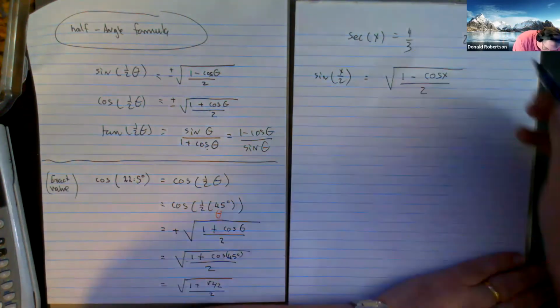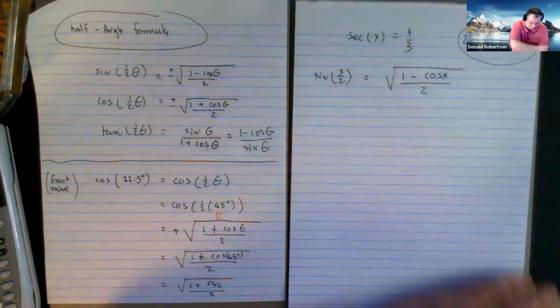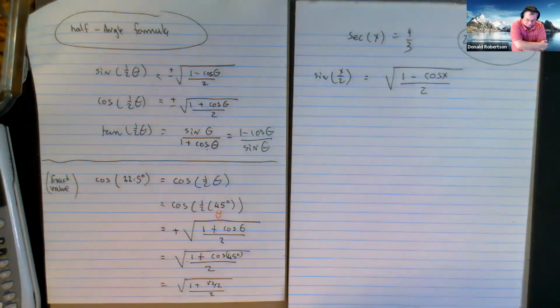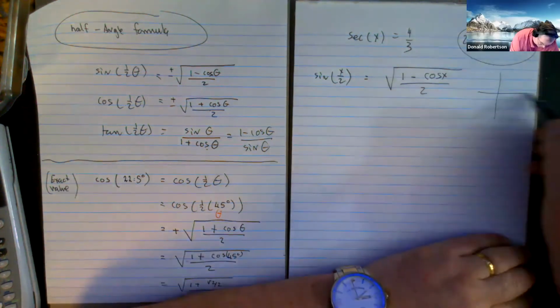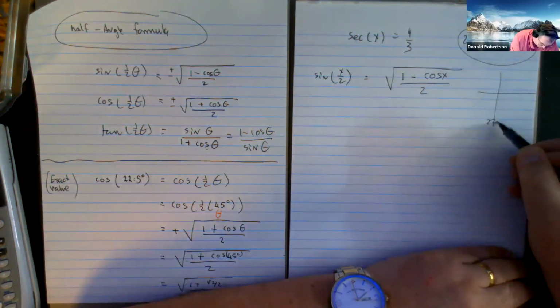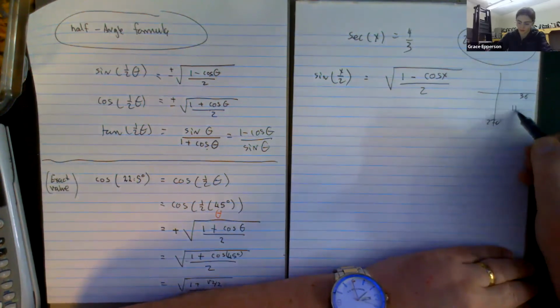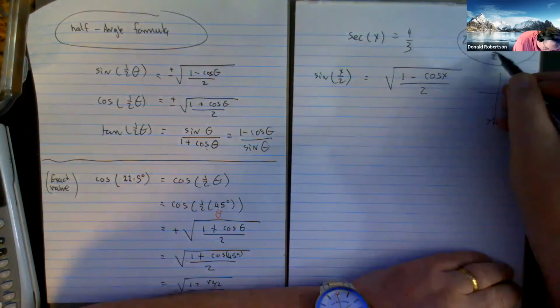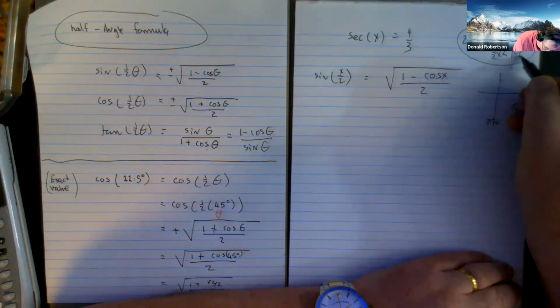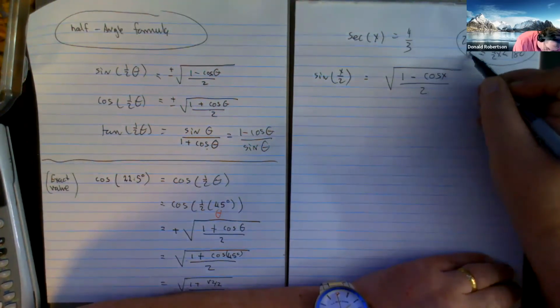Okay. Now, what quadrant is angle x in? Where's 270 to 360? Oh, that's the 4th quadrant. Right. Now, if you half the angle, won't half x be somewhere between 135 and 180?